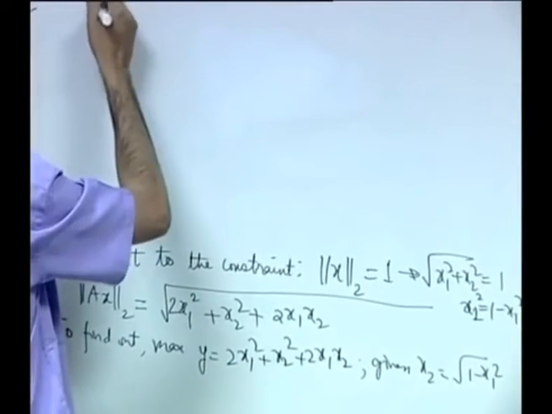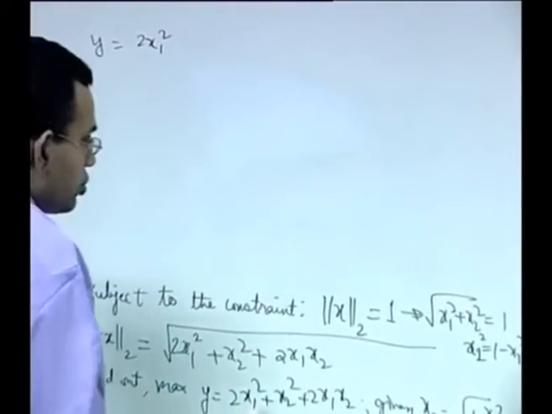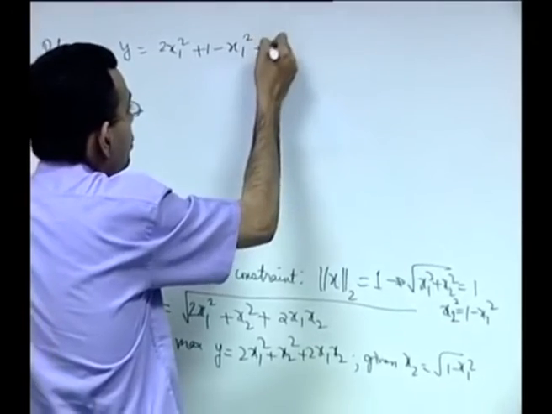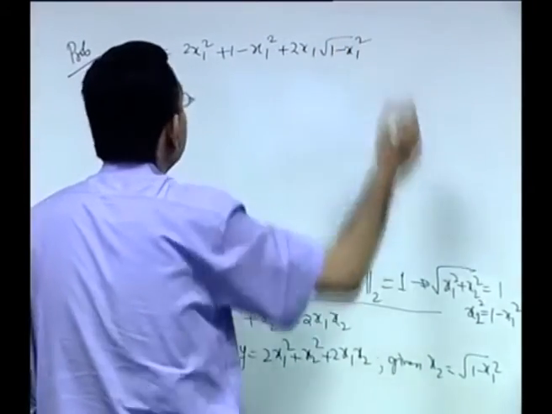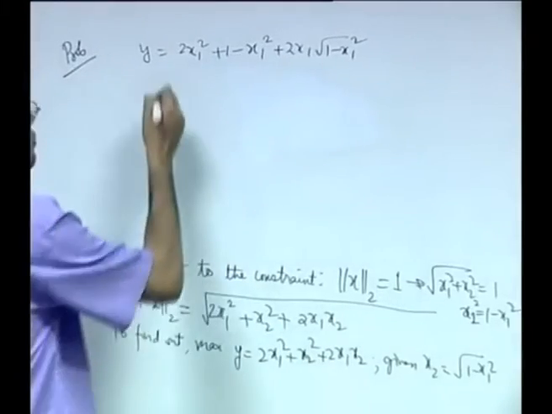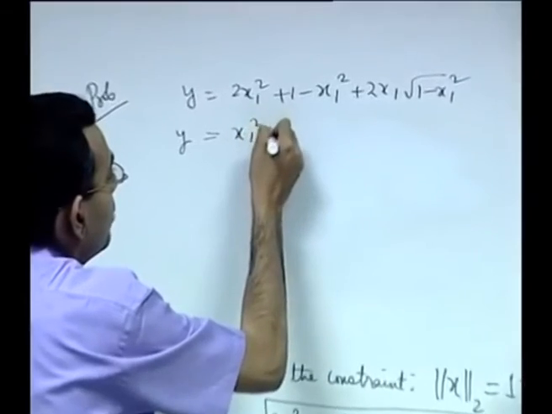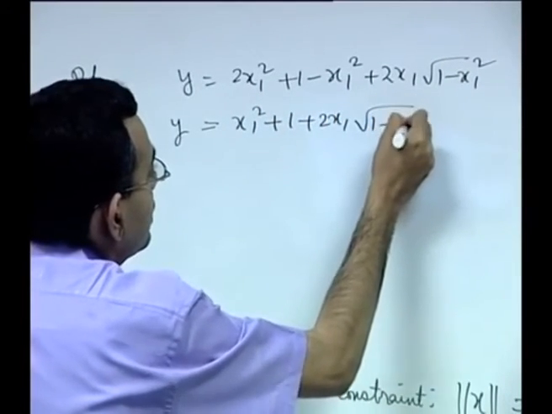So, y is 2 x1 square plus x2 square, which is 1 minus x1 square, plus 2 x1 into square root of 1 minus x1 square. So, that is x1 square plus 1 plus 2 x1 square root of 1 minus x1 square.